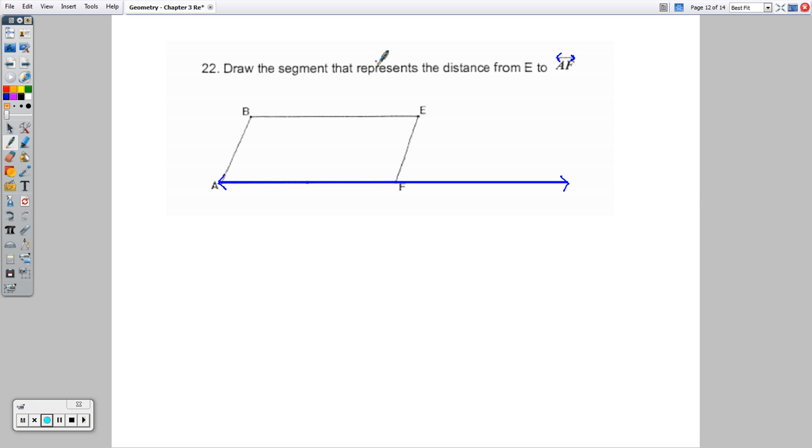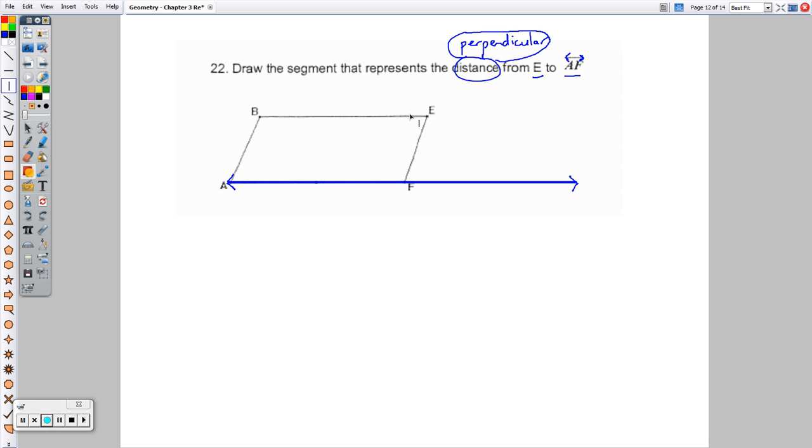when we talk about distance, remember we need to think about perpendicular distance. So we're looking for the shortest path from point E to line AF. What is the shortest path there? It's not along the diagonal here. It's going to be straight down like that. So if I have my vertical line tool, that should do it for me.